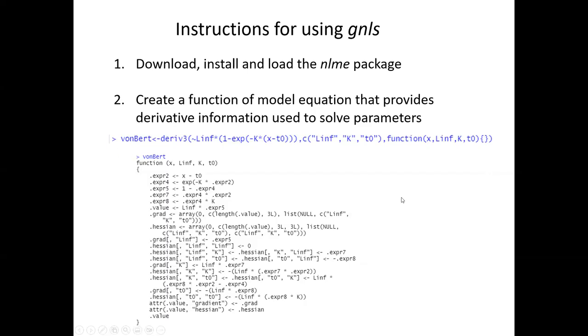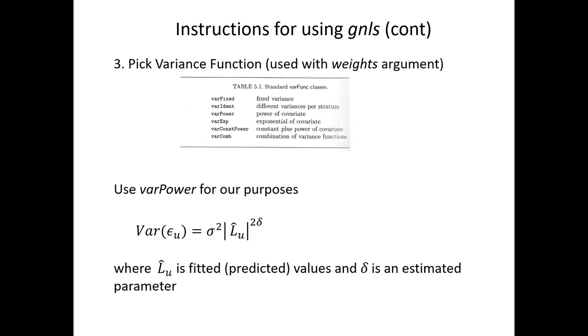So I guess this is a way, from what I understand, of making solving for parameters a little bit faster. So it's really pretty simple to do, and we'll be using this kind of form in the examples coming up. But you can in GNLS just input your equation, but Pinheiro and Bates recommend that you do it this way.